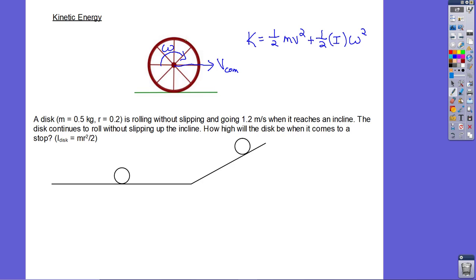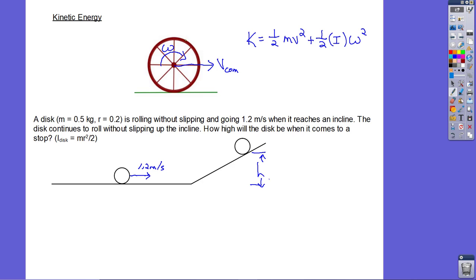So here's a question. Let's say we have this disk traveling to the right at 1.2 meters per second, and it gets to this point and starts rolling up the hill. Okay, it's eventually going to come to a stop there at some height h, and that's what we're trying to figure out.